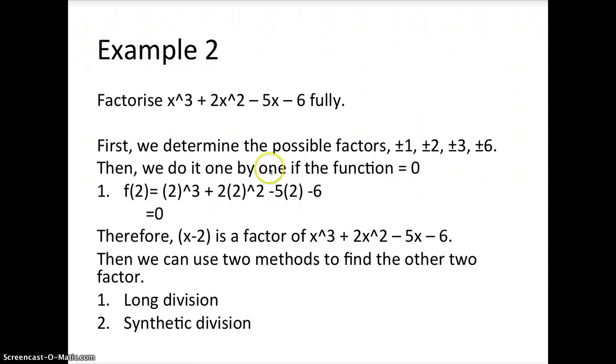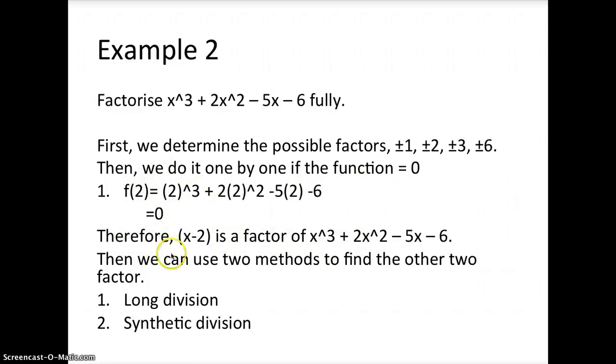So for example 2, factorize x to the power of 3 plus 2x squared minus 5x minus 6 fully. First, we determine the possible factors, which are positive and negative 1, positive and negative 2, positive and negative 3, and positive and negative 6. Then we test them one by one to see if the function equals 0. So I try 2 and it is equal to 0. Therefore x minus 2 is a factor of this polynomial.